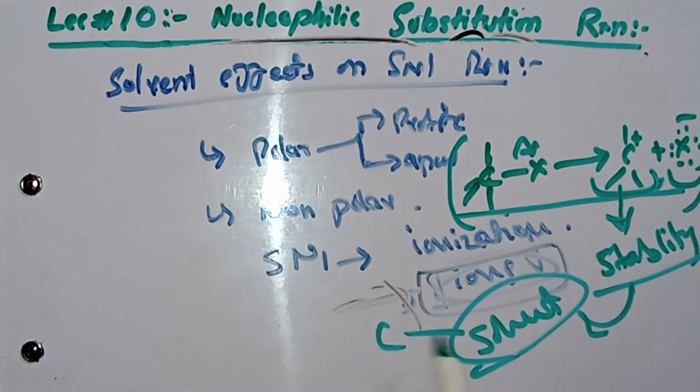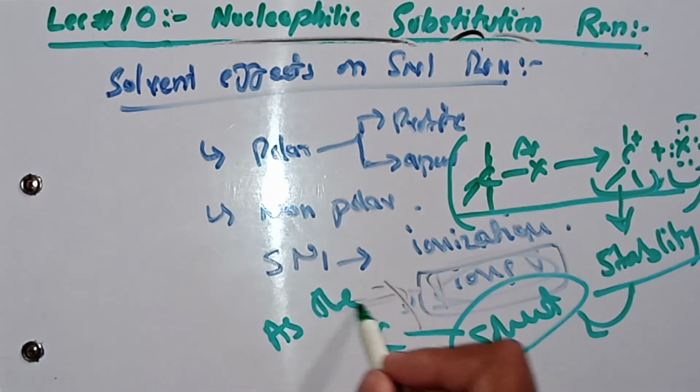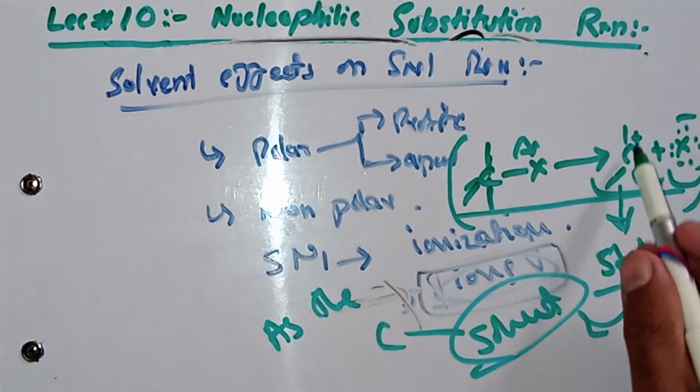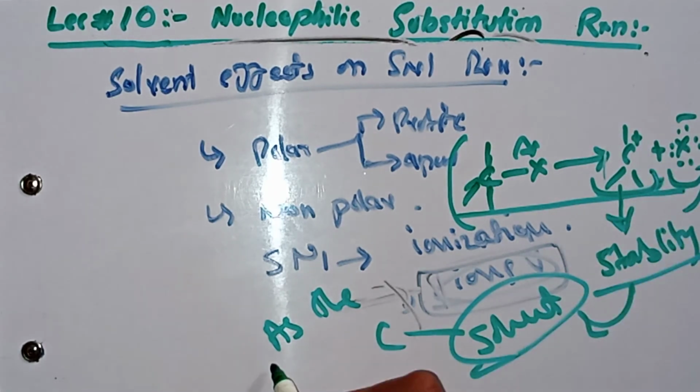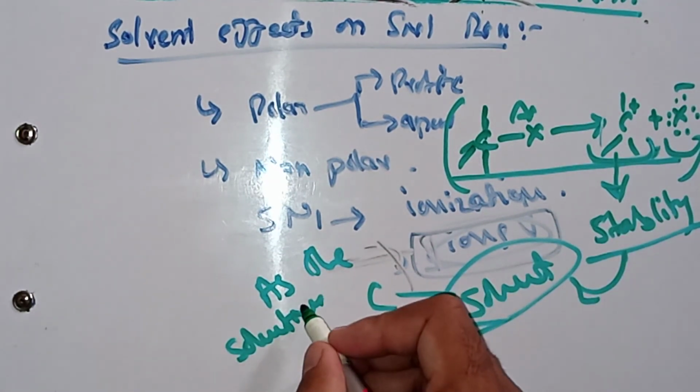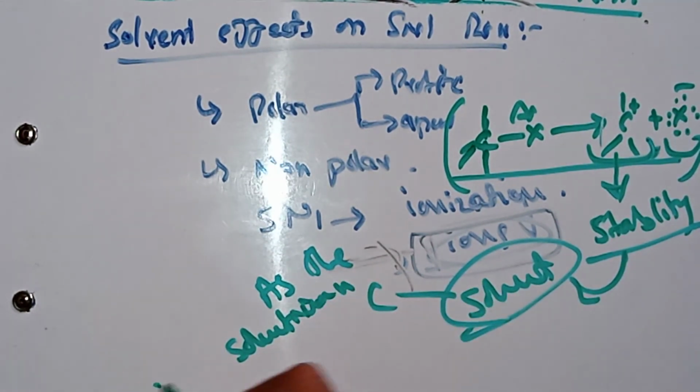As the solvation power of the solvent increases, the stability of these ions will increase.